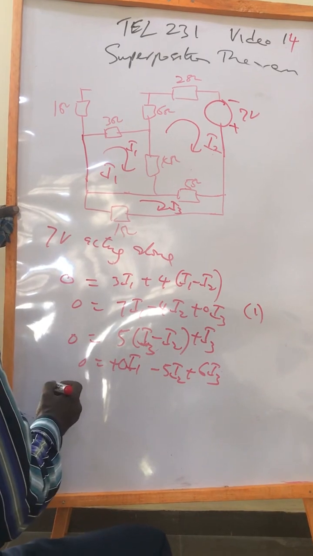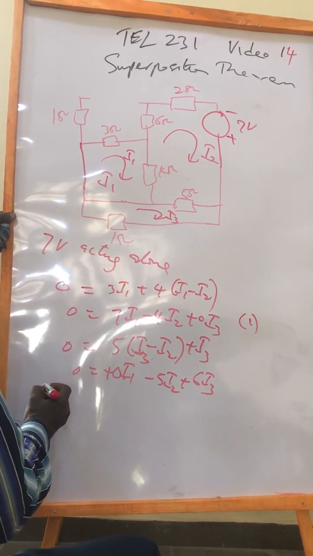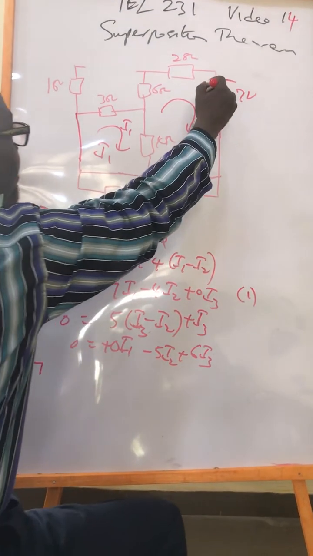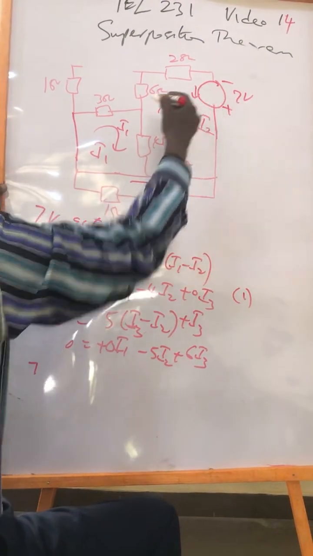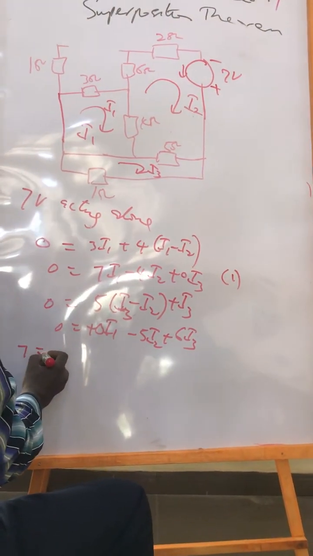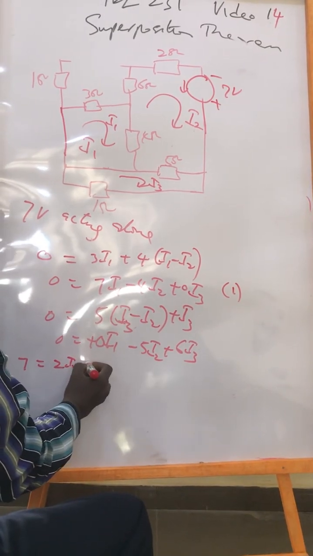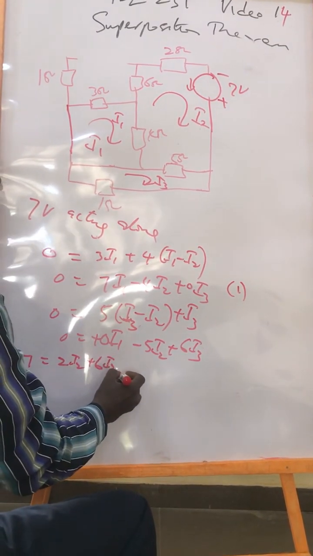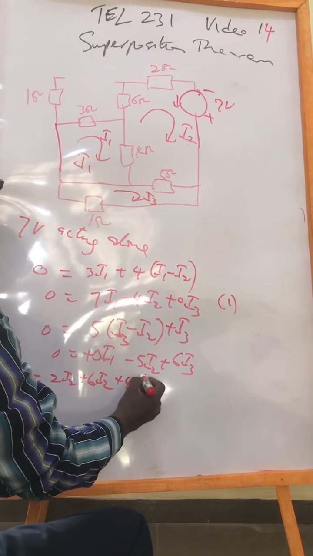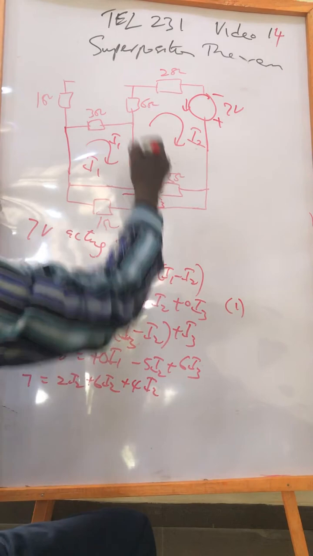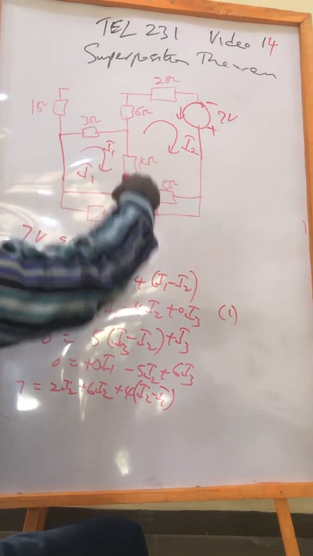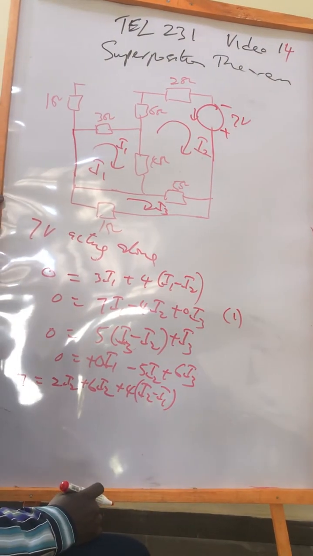I can move to the next one. In this mesh analysis I have 7 volts. The direction of the EMF is in line with the chosen direction, so it will be plus 7 equals 2I2 plus 6I2, because only I2 is going through them, plus 4I2 minus I1, because I2 is going up and I1 is going contrary. That's why it's minus.